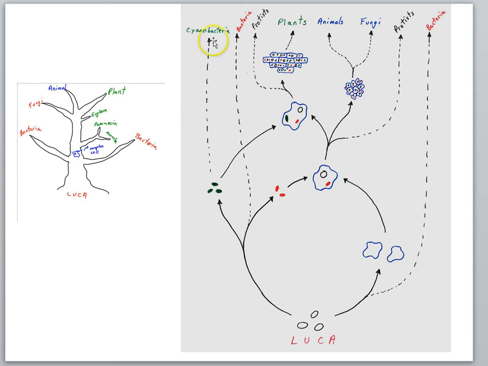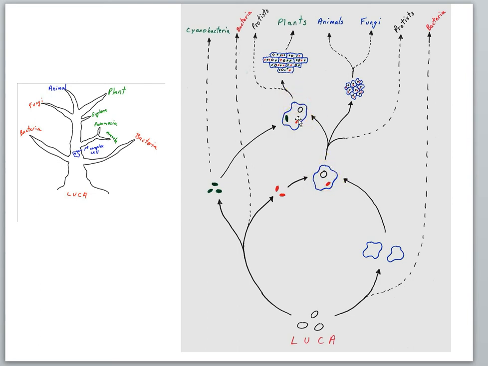So cyanobacteria today are the descendants of some of these first photosynthetic bacteria. They were incorporated by a cell, and prior to that, the oxygen-using bacteria, the ancestors of mitochondria, were also incorporated into a larger cell. So two endosymbiotic events means that the tree of life has some weird characteristics. Some of the branches on the tree of life ended up coming together to form new organisms with more complex features.